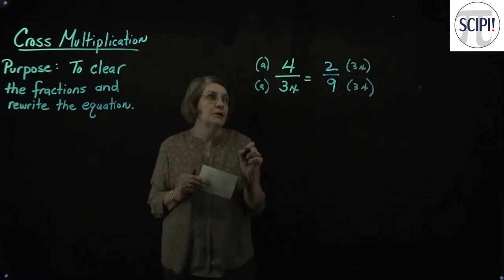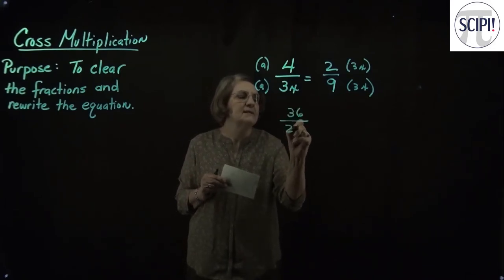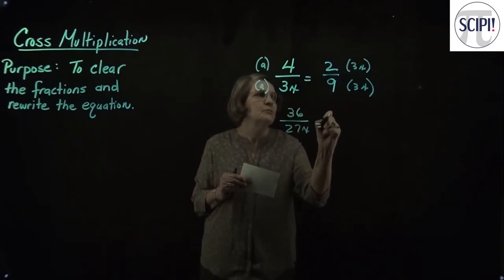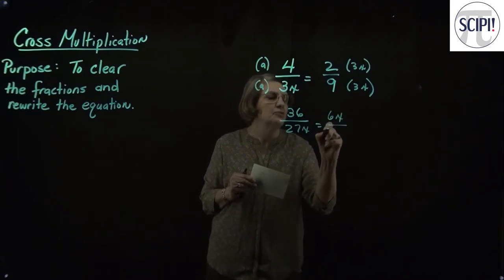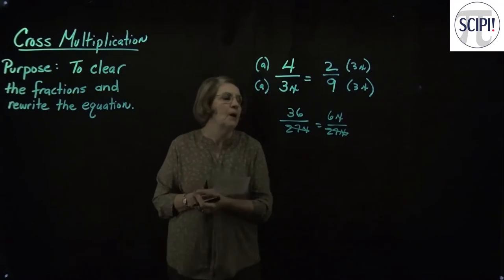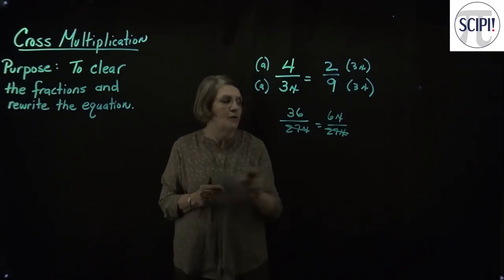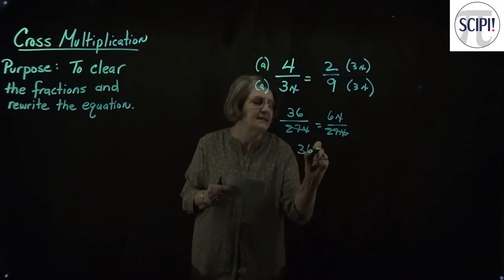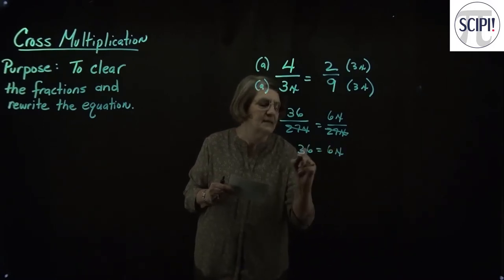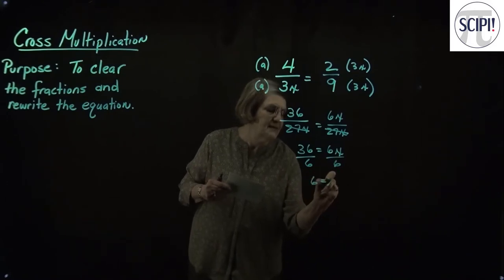I would get 36 over 27x equals 6x over 27x, and then I could cross out my denominators because they're the same, and then solve. So 36 equals 6x, and I can divide both by 6, so x is 6.